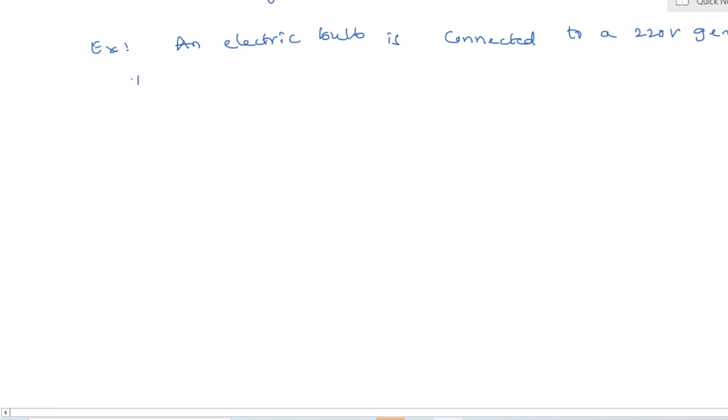The current is 0.50 ampere. What is the power of the bulb?